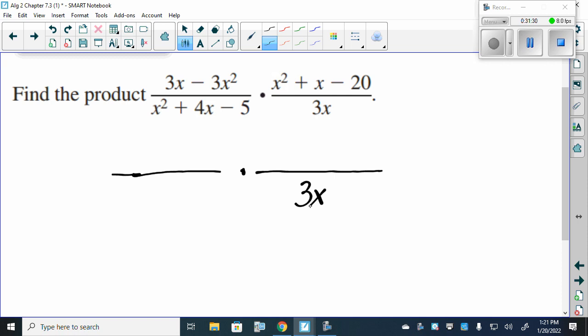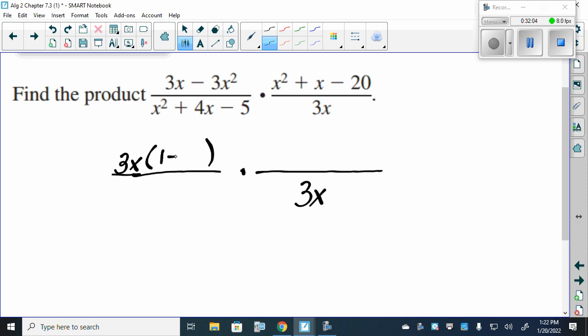Now, the one I would look at next is the 3x minus 3x squared, because there is a greatest common factor between 3x and 3x squared, which would be 3x. Then as we factor the 3x out, when I factor a 3x out of 3x, I'm left with 1, because whenever something factors out completely, it simplifies to 1.